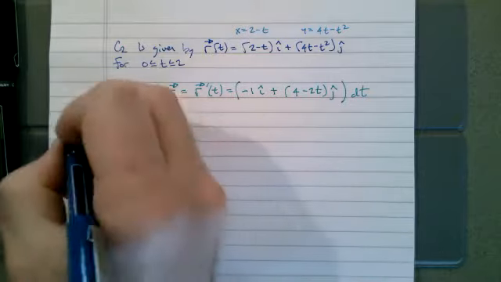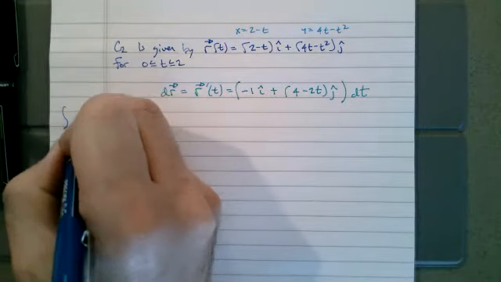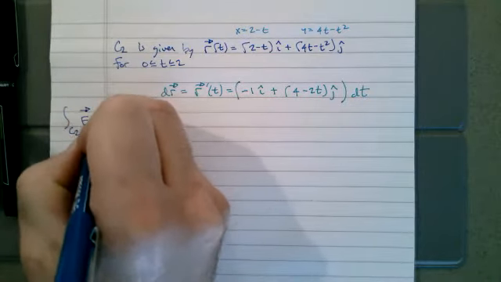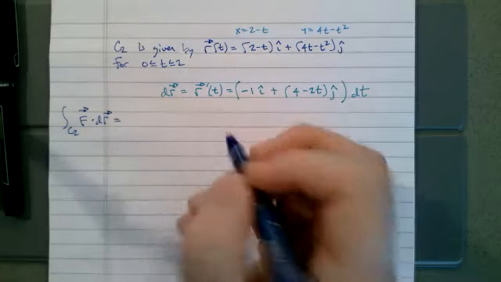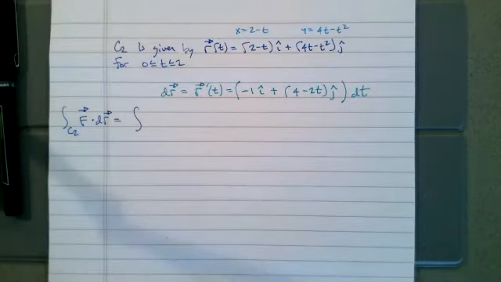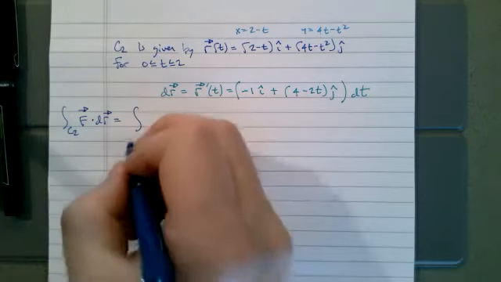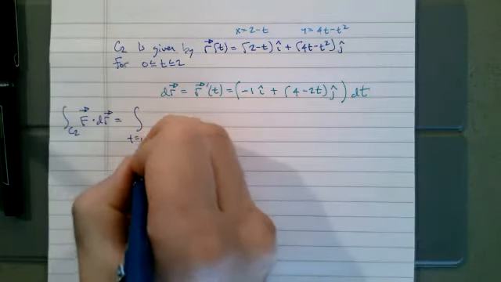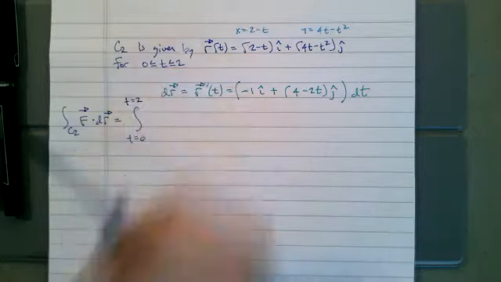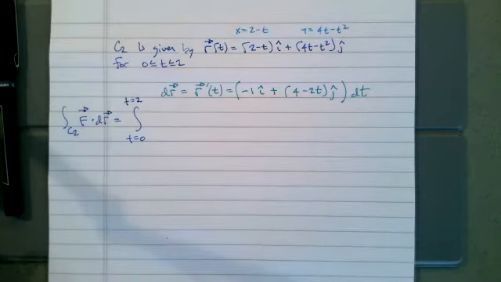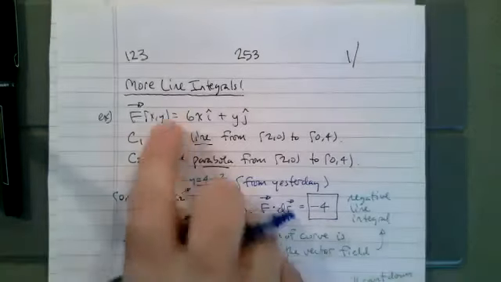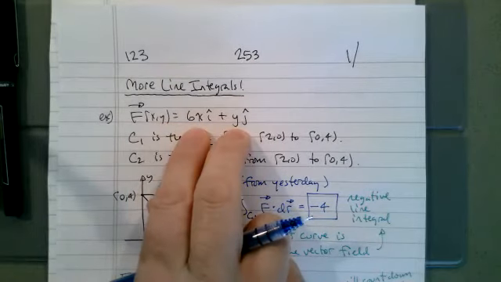So the integral over C2 of f dot dr is going to be the integral over the t values, so t is running from 0 to 2. I'm going to need the vector field f evaluated at the parameterization.